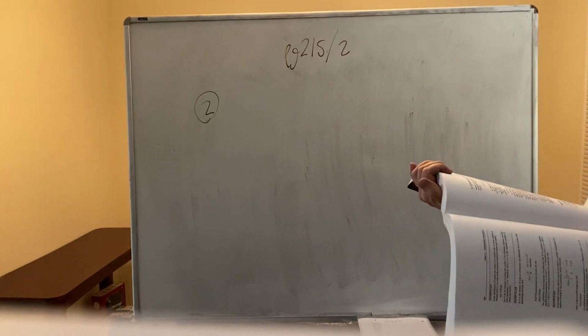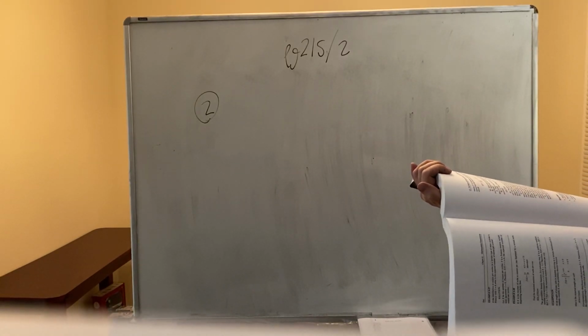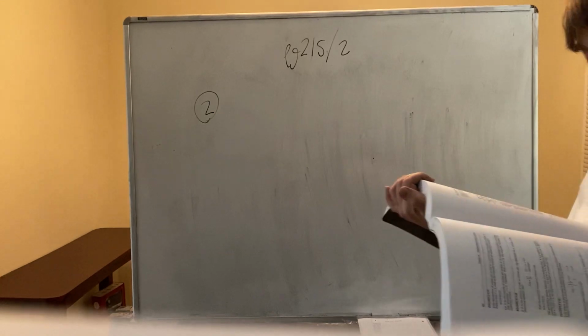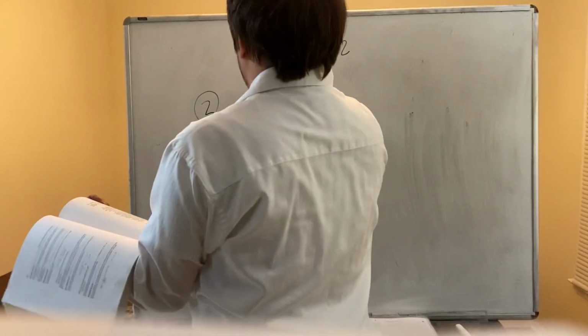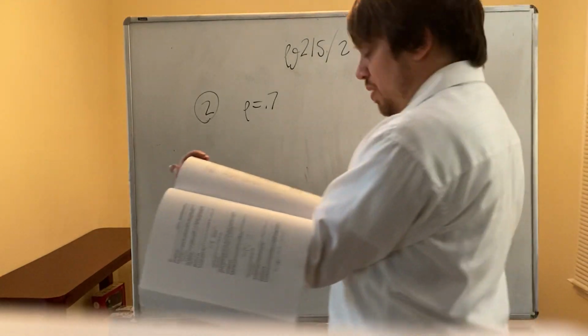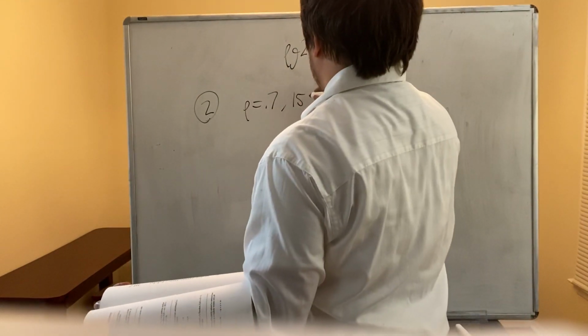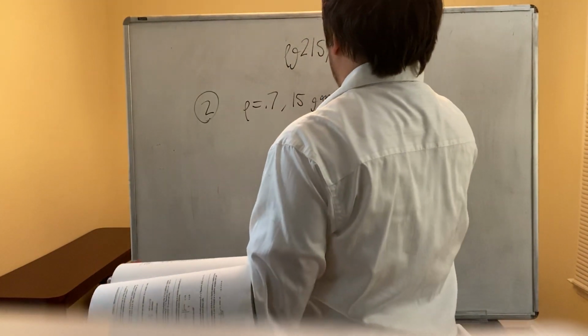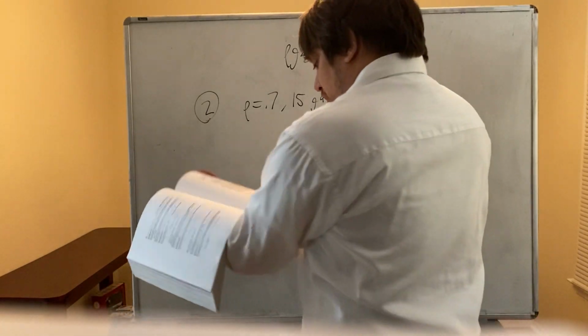Suppose the probability that a certain football team wins a game is p equals 0.7. If the team plays 15 games, what is the expected number of wins?